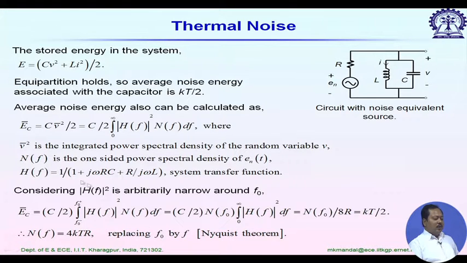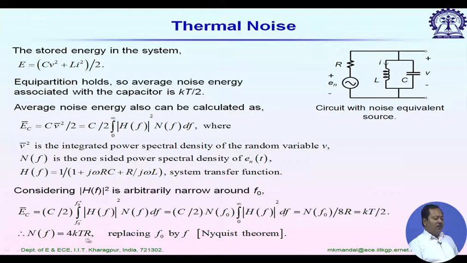If we put the values here and solve it, it can be shown that it is equal to N(f0) by 8R. Putting the value of N(f0), it comes to kT by 2. So kT by 2 noise power is stored in the capacitor. Similarly, the other half is stored in the inductor.